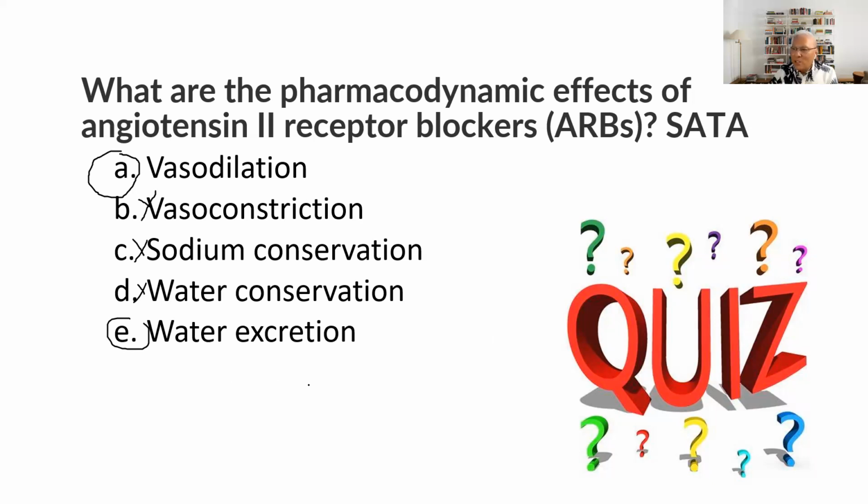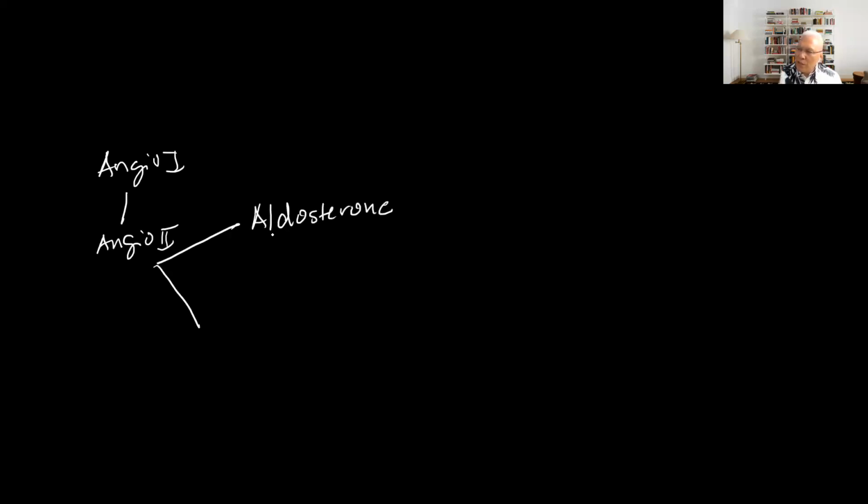So let's go back to the action of angiotensin receptor blockers, ARBs. Okay. So angiotensin 1 is converted to angiotensin 2, right? And angiotensin 2 causes the release of aldosterone. And remember the two actions of aldosterone. One is to reabsorb sodium and water.